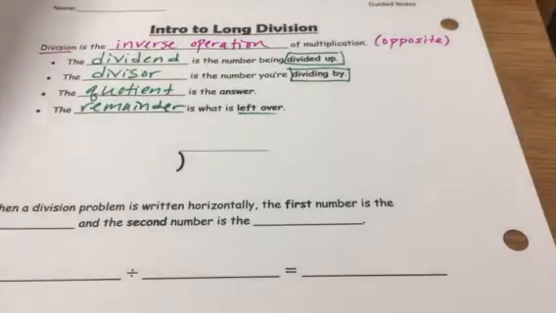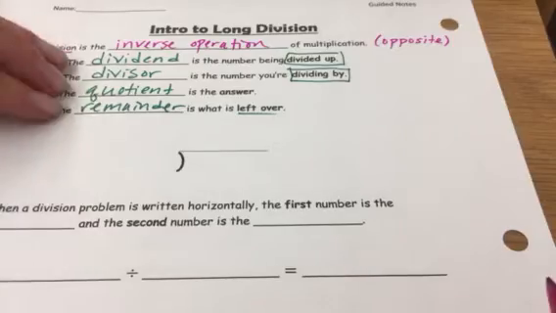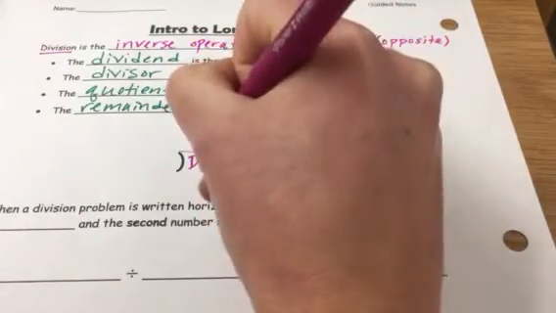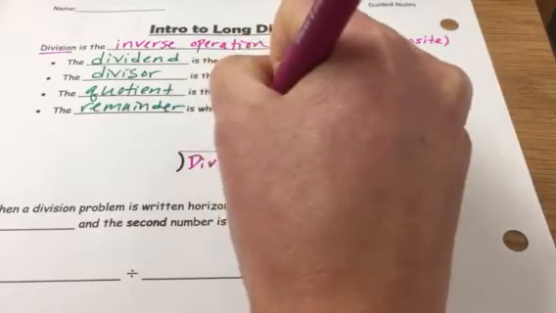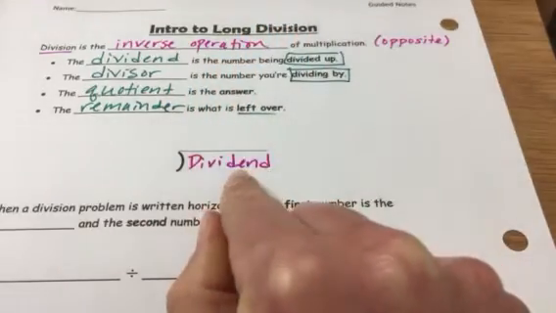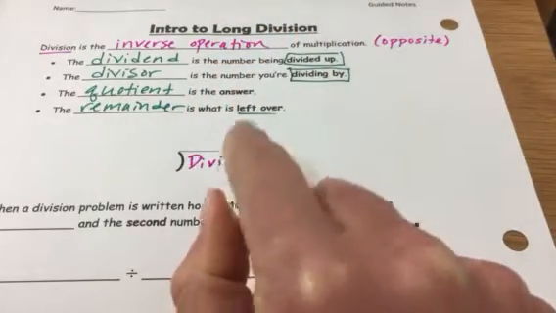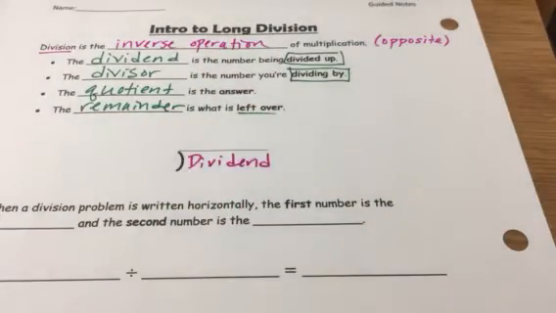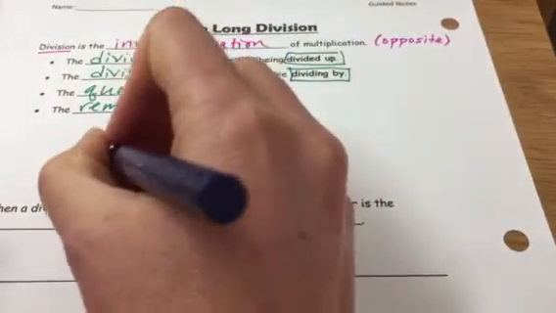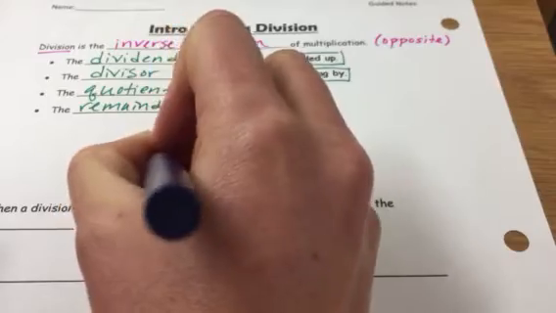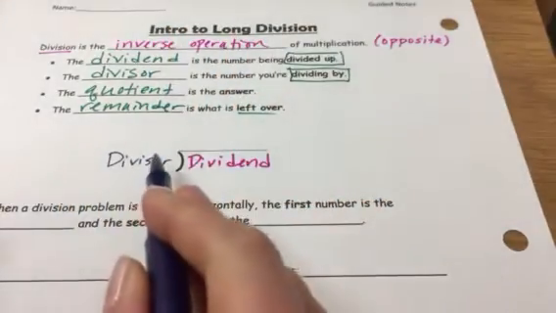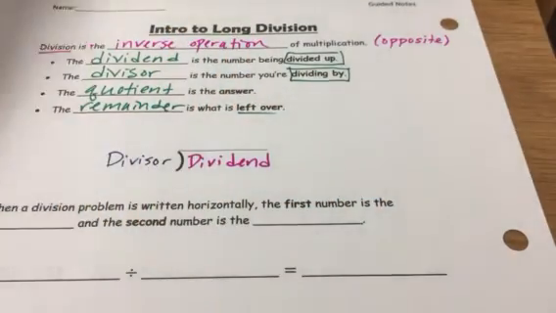Okay, so let's go ahead and take a look. When we are using our long division symbol, let's take a look at where these different pieces live. So the dividend goes inside of the long division symbol. Again, the thing that's being broken up goes inside of the long division symbol. The thing that we're dividing by, the divisor, goes on the outside of the long division symbol.